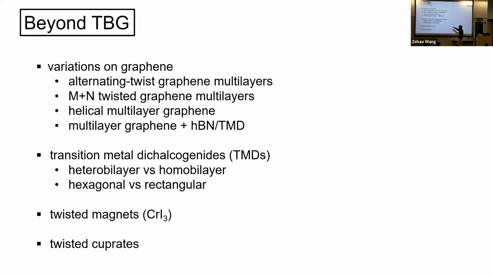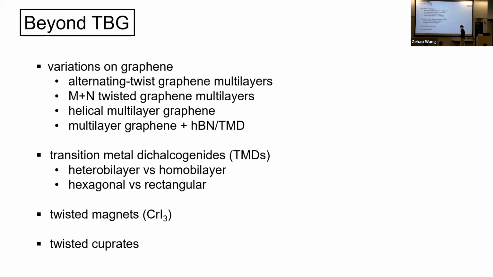Talking about other materials, you can also consider completely different material platforms, right? So you can consider TMDs, right? First of all, you can consider heterobilayers versus homobilayers, right? For heterobilayers, because you're considering two different materials, the lattice mismatch automatically gives you a moiré without twisting, right? But you can also consider homobilayers where you just twist in the usual way.